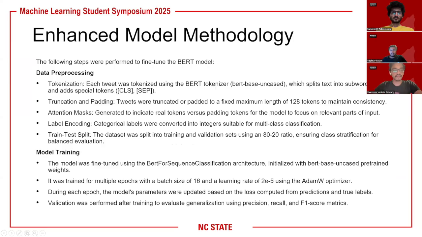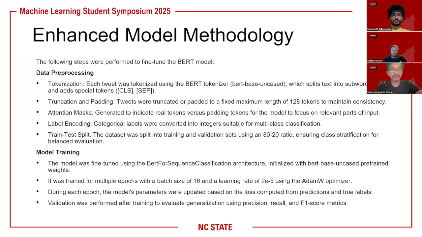Hello everyone. So we fine-tuned our model with BERT, another cyberbullying detection model, leveraging the BERT-base-uncased architecture. We began by pre-processing the data and tokenizing the tweets, applying truncation and padding to a maximum length of 128, generating attention masks, and encoding labels.